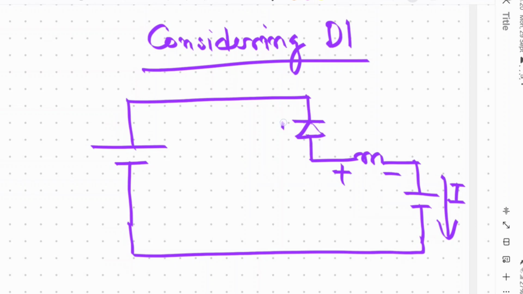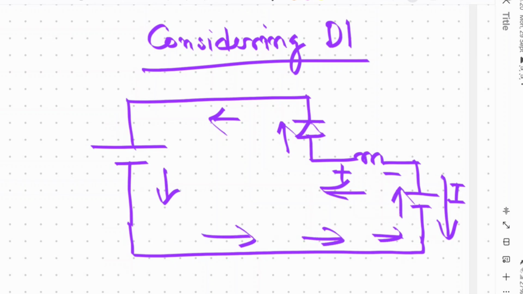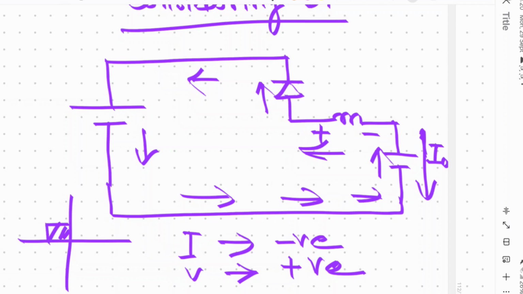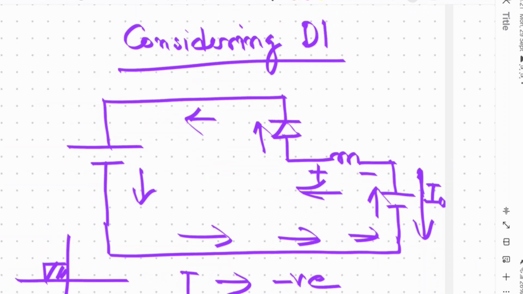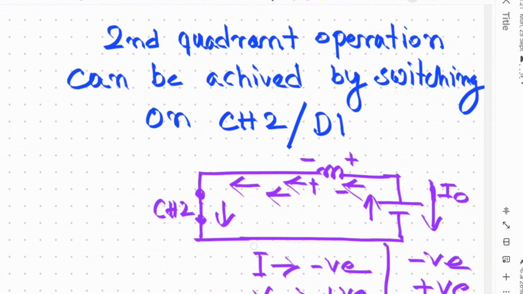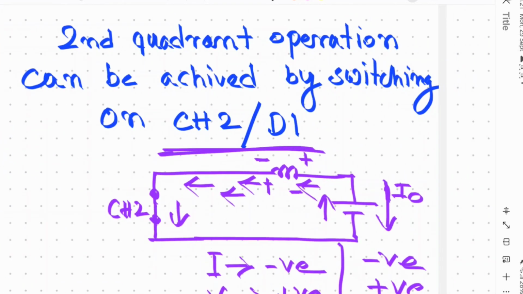The current direction will be this, which is opposite to the direction of I0. In this condition, current is negative and voltage is positive. So this is the second quadrant. By using switch 2 and diode D1, we can achieve the second quadrant operation.